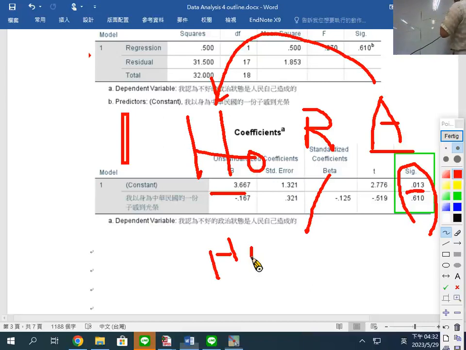So whenever we conduct statistical analysis, we always try to find out the p-value, always. Because at the end of any kind of statistical analysis, we always have a p-value there, right?